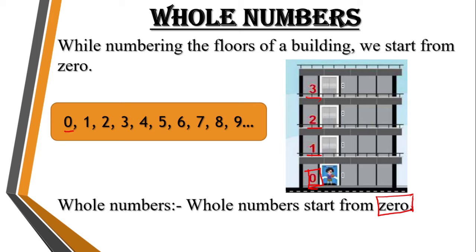So how can we remember whole numbers? Whole means all numbers, right? In natural numbers, we start only from 1. 0 is also a number, but we have ignored 0, so we are only considering natural numbers. But in whole numbers, you can see the first word, whole. Whole means all, all the numbers together. It means 0 is also considered, not only the numbers which start from 1.